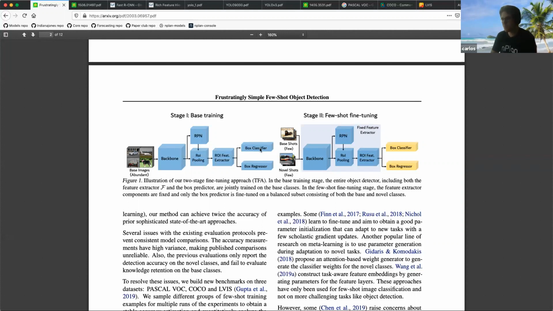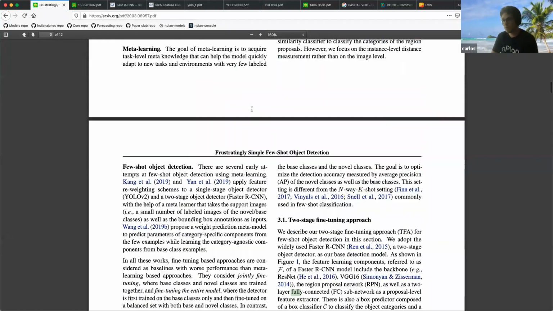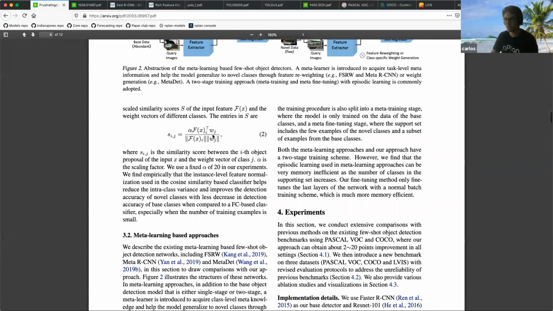So in this box classifier, which is the one that says the region of interest X contains this object or animal. Normally this is a fully connected layer. What they do instead is they replace that with a cosine similarity, let's call it a trainable cosine similarity, where these weights can be trained.